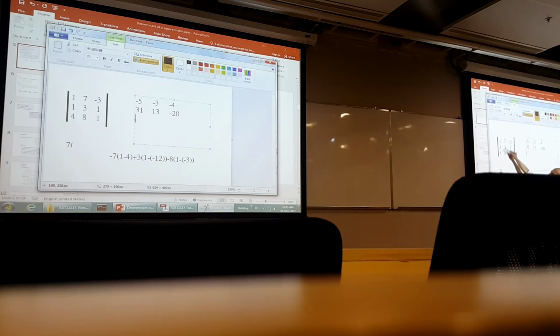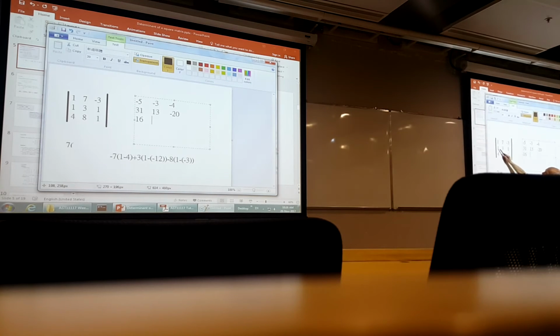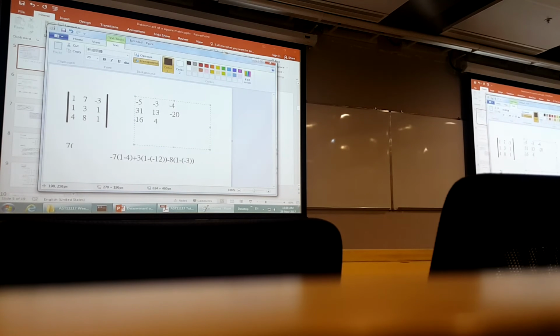For this position, the minor is 7 minus 9, 7 plus 9, 16. For this position, the minor is 1 minus minus 3. So 4. And then the last position, the minor is 3 minus 7. So it's minus 4.